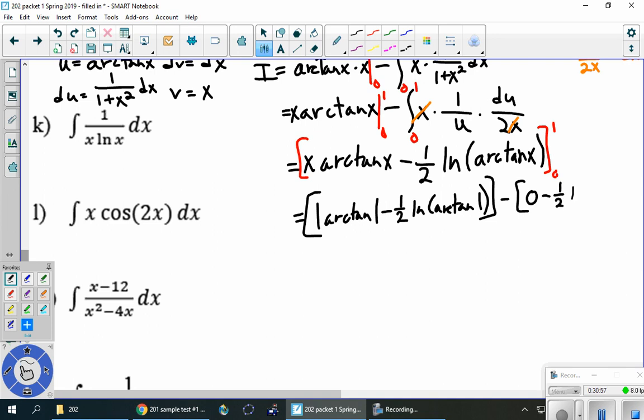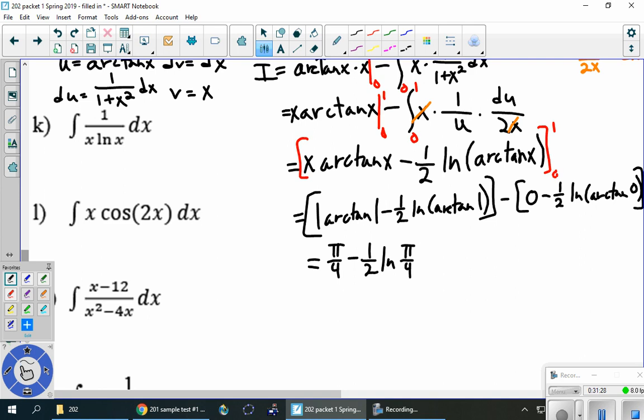Minus 1/2 ln arctan 0. Okay, and then finally, arctan of 1, looking for an angle whose tangent is equal to 1. There are infinitely many of those, but the only one that's called arctan of 1 is positive pi over 4 minus. And then I think that's all we can do here, just 1/2 ln of pi over 4. It's the same arctan of 1 there.